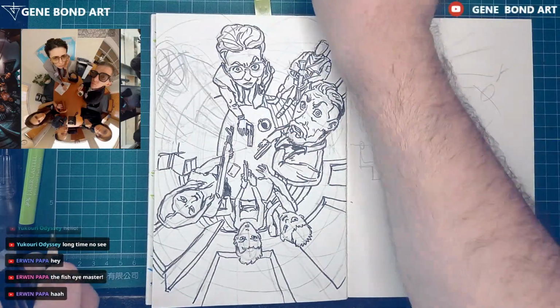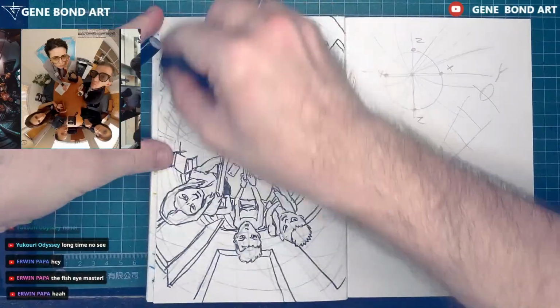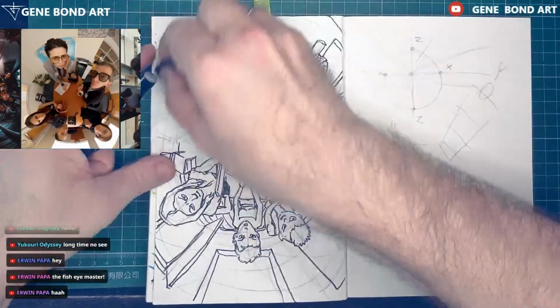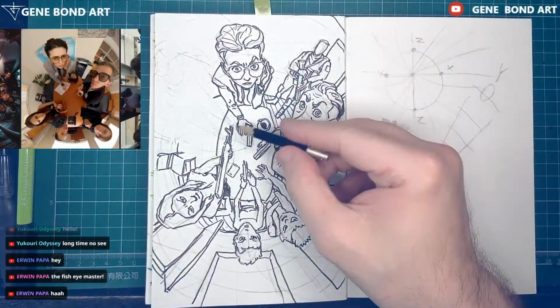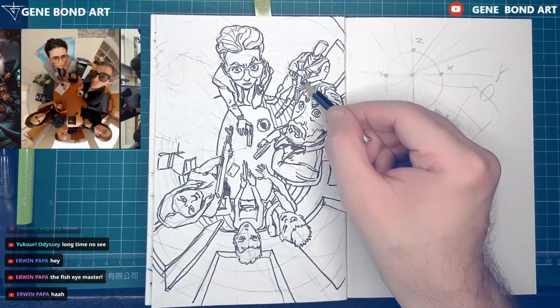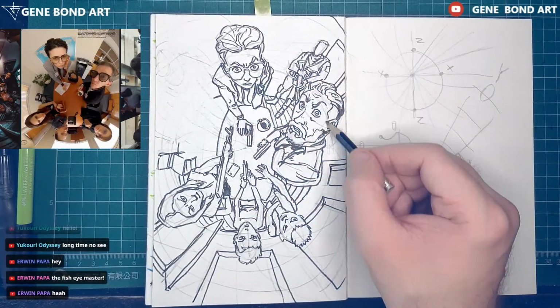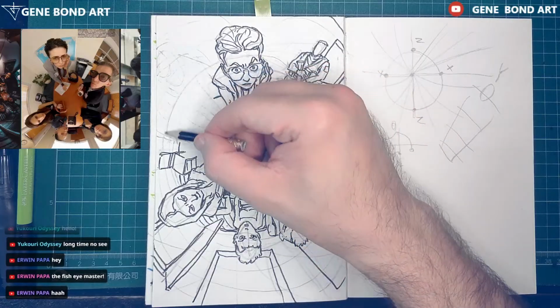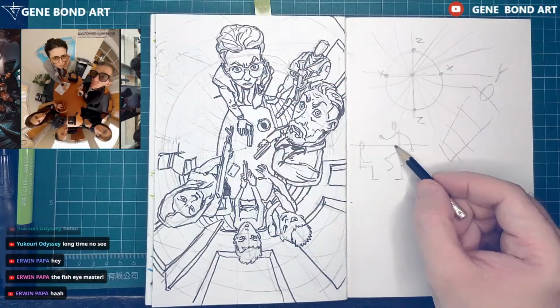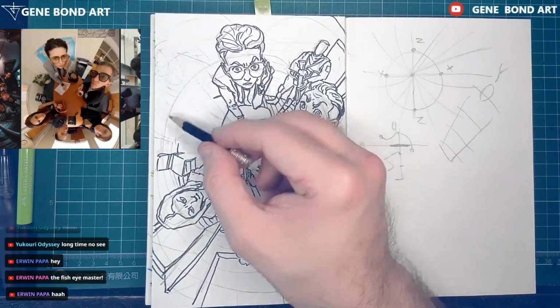This is too low. Move him up. So the horizon line is about this high here.